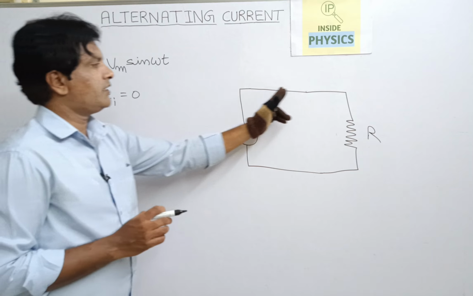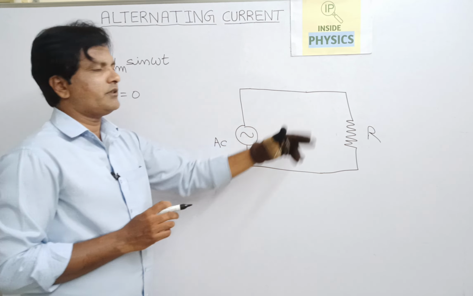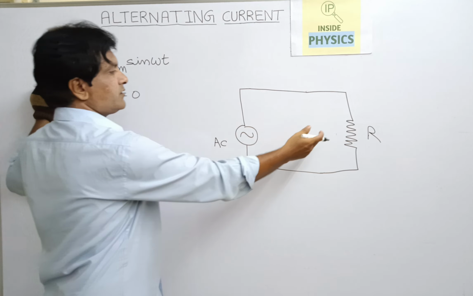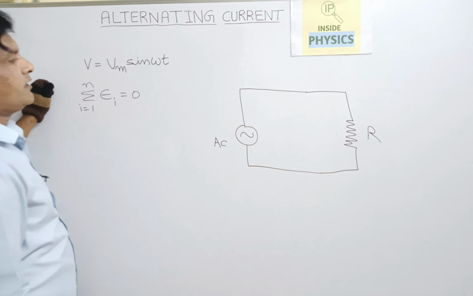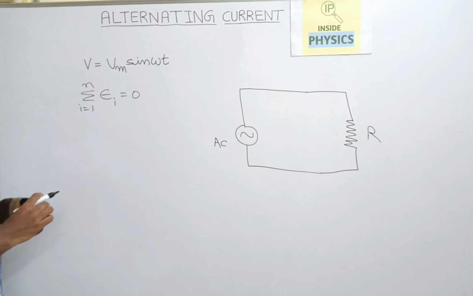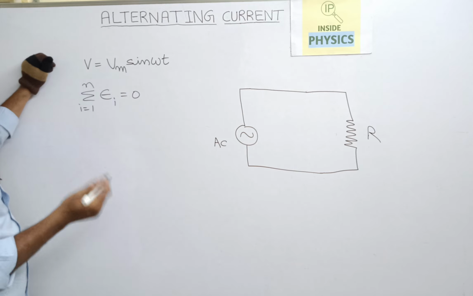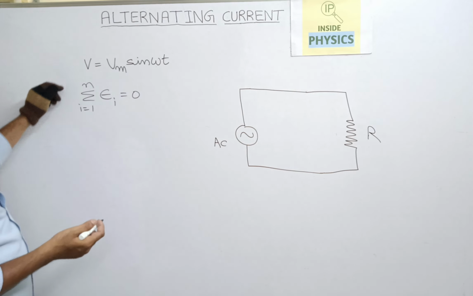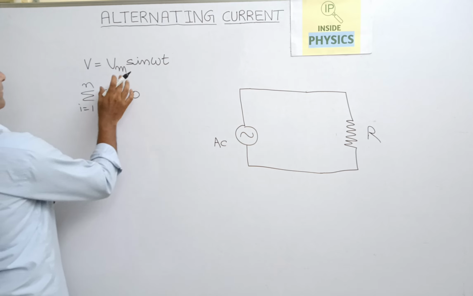In some circuits there will be more arrangements like capacitors, inductors and resistors. In that case also, Kirchhoff's second law says the sum of all the potential differences is zero. It is also called the loop rule. So according to this, we can write this.